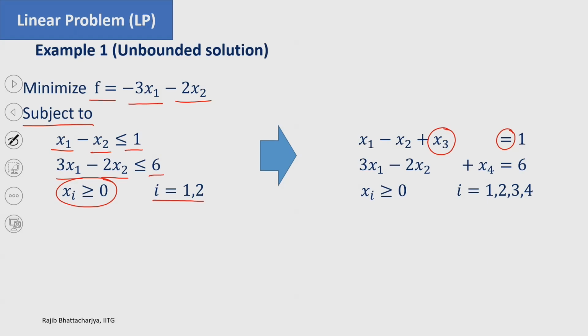Then the second constraint is also an inequality type, so I am putting in another slack variable, x4. Now it is 3x1 minus 2x2 plus x4 equals 6, and x_i should be greater than or equal to 0, with i equal to 1, 2, 3, 4. With this I have converted the problem to standard form.